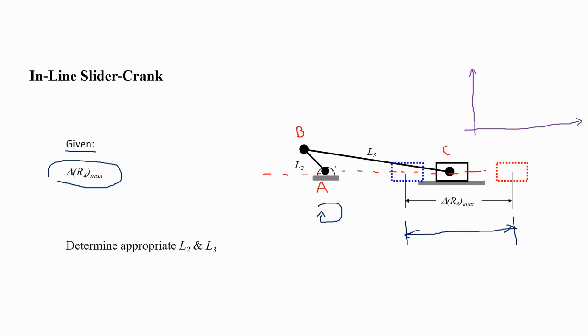Let's say it is turning counterclockwise, from 0 here, and here we have 360 degrees for full rotation, here 180, here 90, and here 270.